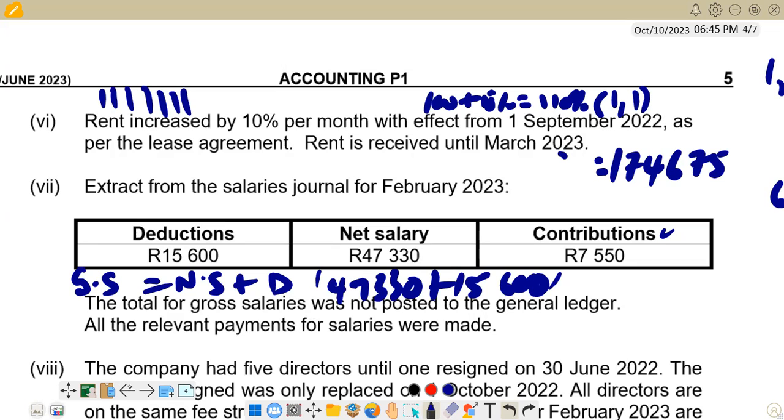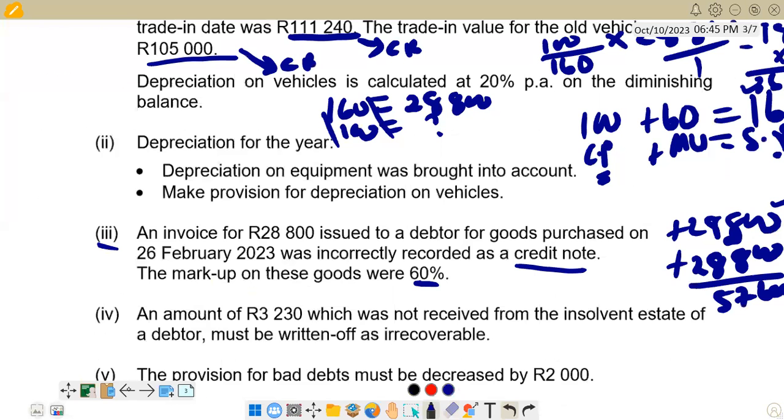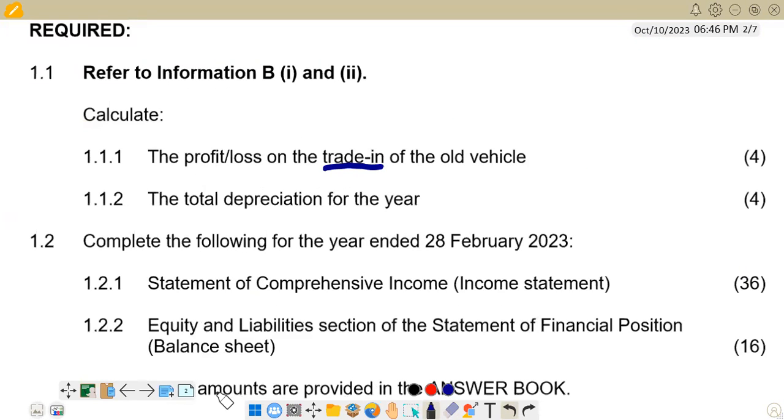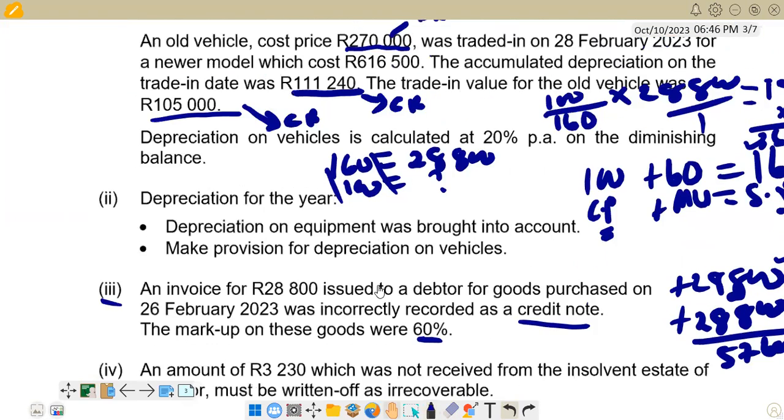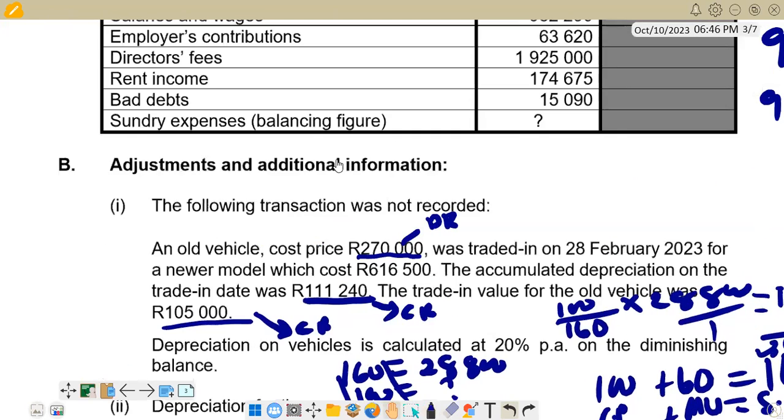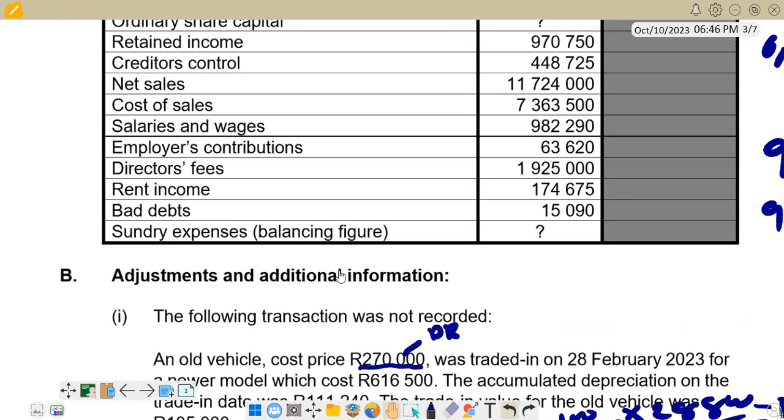So we can go back to recheck the total for salaries that we are given in the question. Salaries and wages is here, 982,290.